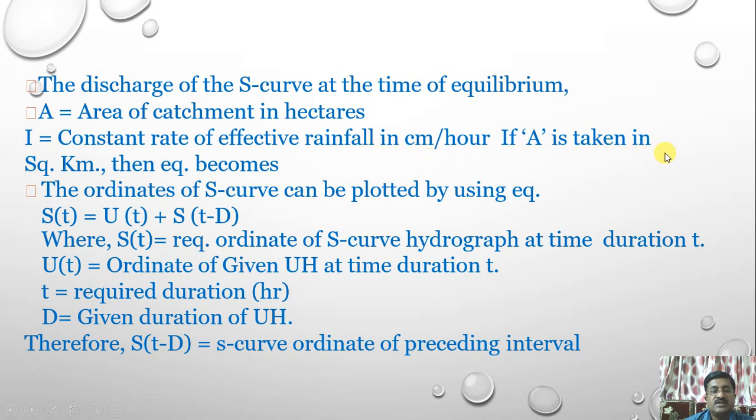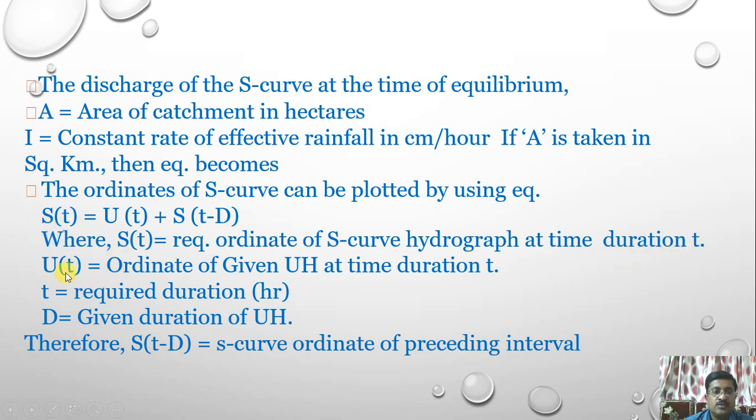If A is taken in square kilometer, then the ordinates of the S curve can be plotted by using the equation St is equal to Ut plus S into bracket T minus D, where St is the required ordinate of the S curve hydrograph at time duration T.